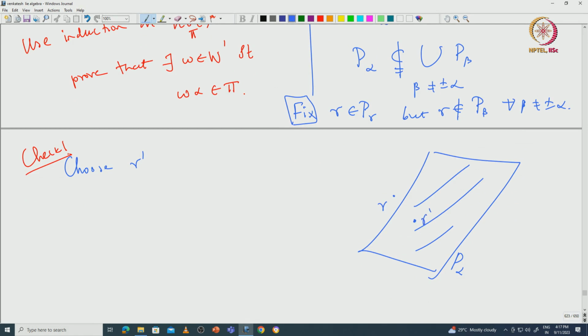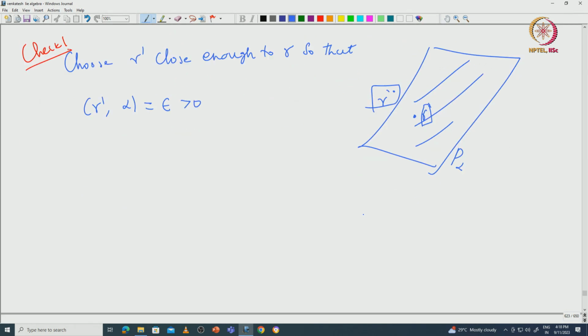With respect to this gamma, we choose this gamma dash that is close enough to gamma, so that if you take the inner product of gamma dash with alpha, that is some epsilon which is positive. So, this gamma dash is not lying on the hyperplane, it is lying on the positive side of the hyperplane. While if you compute gamma dash with beta, the absolute value of that is bigger than epsilon.